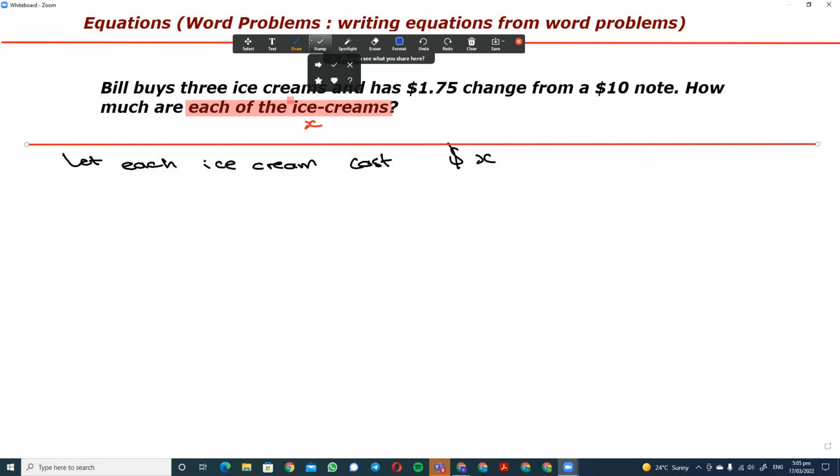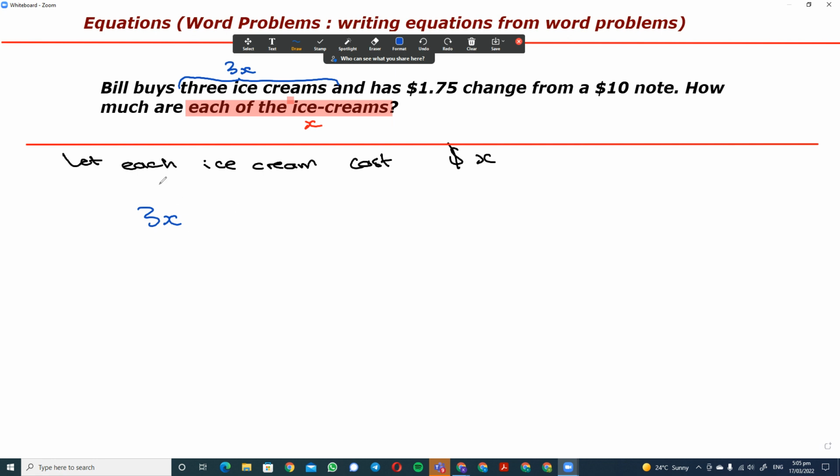Now, if I look at this, I can see some of you already got the answers. Well done. So Bull buys 3 ice creams. If he buys 3 ice creams, he's going to buy 3X. So 3X is going to be the cost of the ice creams, and he has $1.75 change from a $10 note.